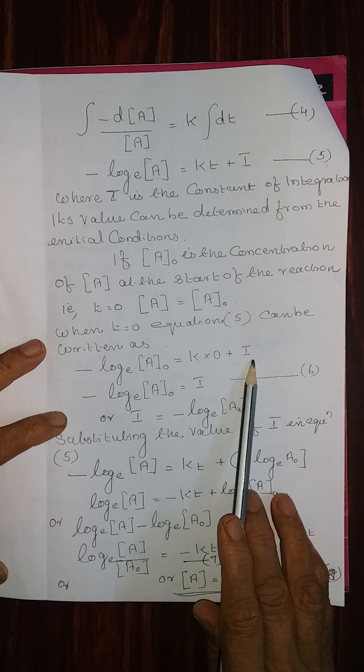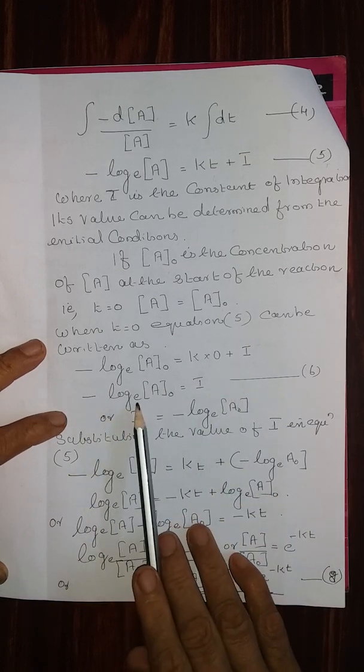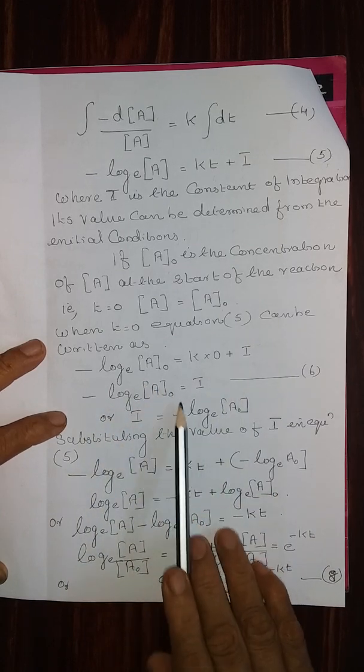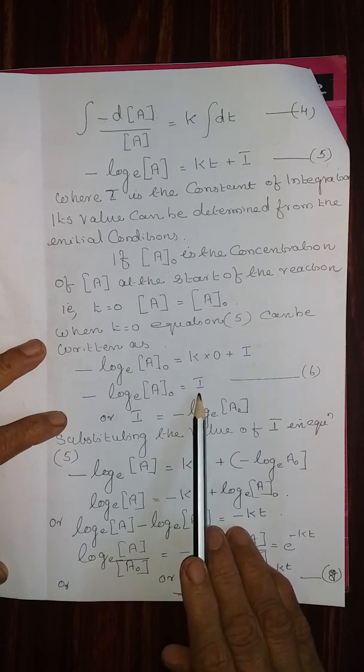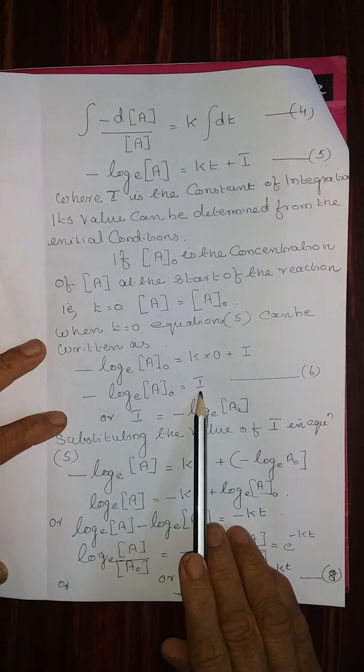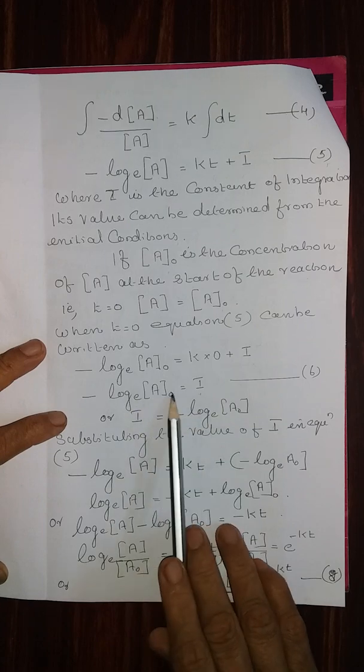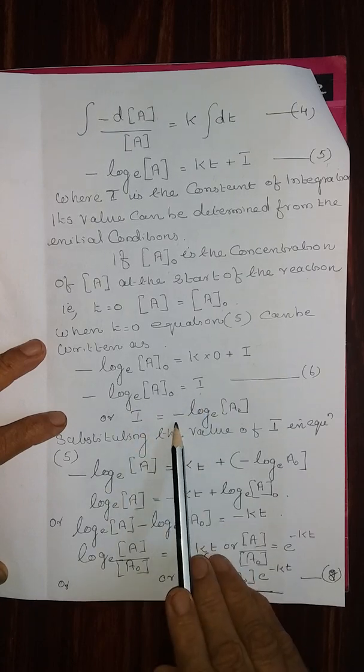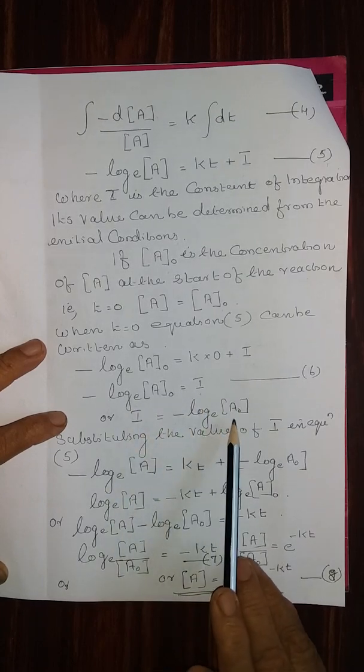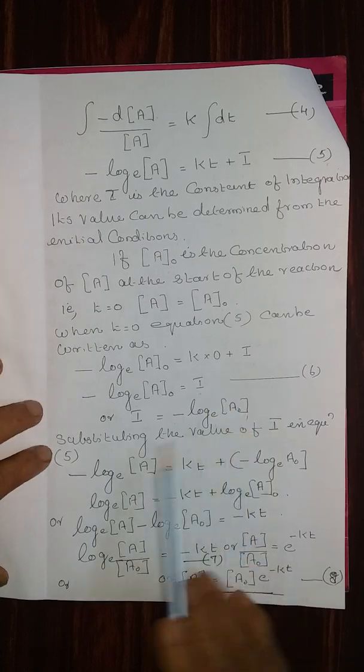Substituting the values, we get minus log to the base e concentration of A0 is equal to I, where I is known as a constant of integration. Therefore, we got the value of I is equal to minus log to the base e concentration A0.